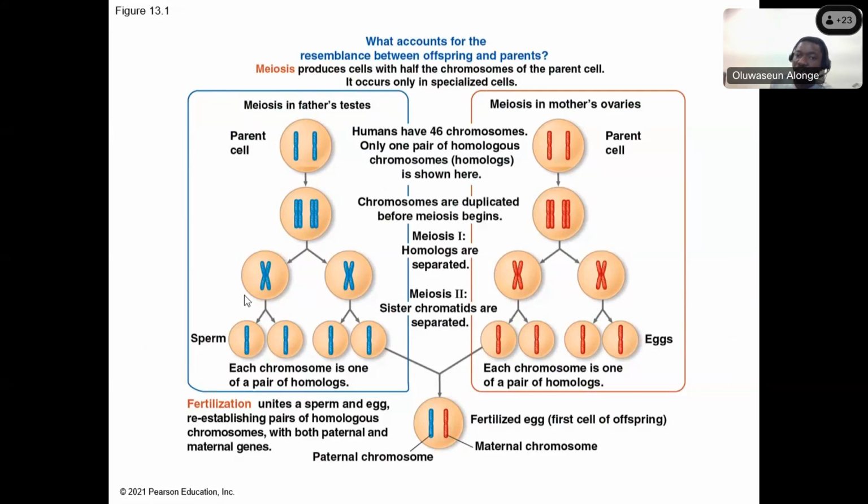So you see, this is meiosis in the father. This is meiosis in another father. So the reason there will always be resemblance between a parent and their child, even if it is minute, is there is always going to be alignment or intersections.